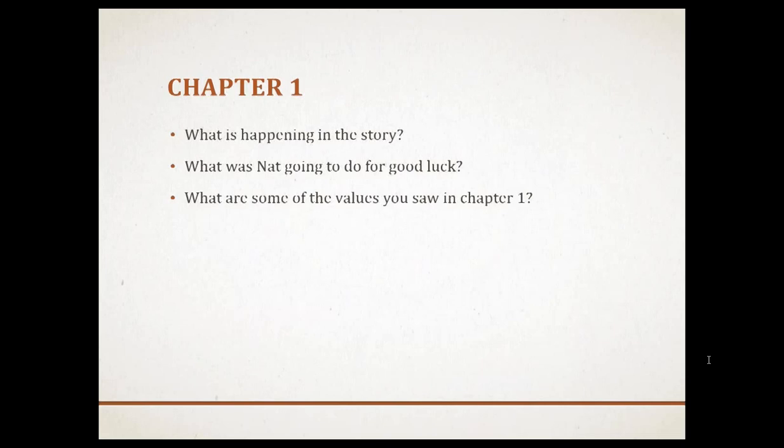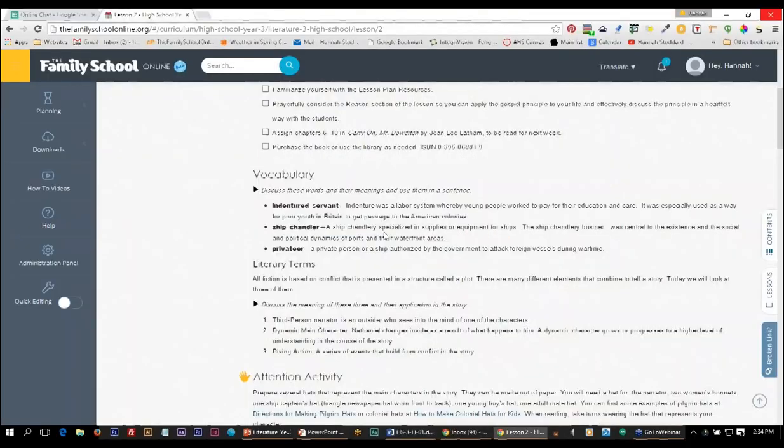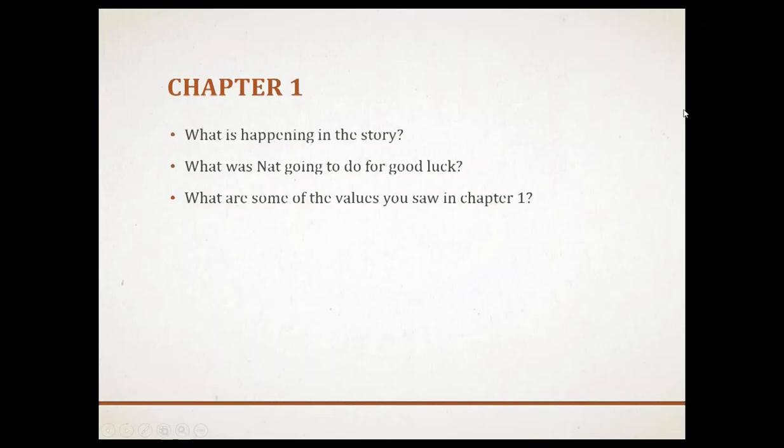Well, in chapter 1, they are about to move to Salem, Massachusetts, and Nate, on that end of the story, is telling his brother Hab about his good luck charm, and that at the full moon, he has to shine his coin into the full moon.